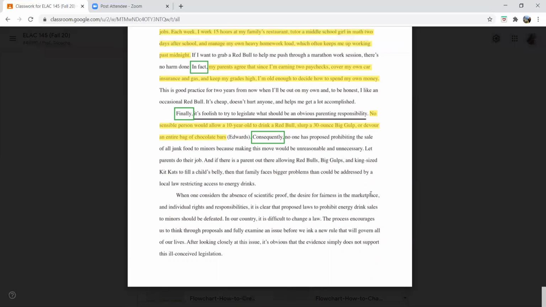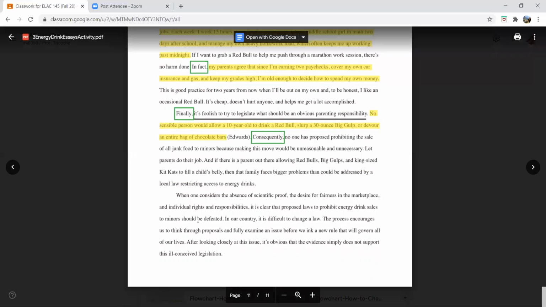Why did they tell us the reasons why we should not ban the sale of energy drinks? It's because of the absence of scientific proof, the desire for fairness in the marketplace, and individual rights and responsibilities. So because of that, it's clear that proposed laws to prohibit energy drink sales to minors should be defeated.